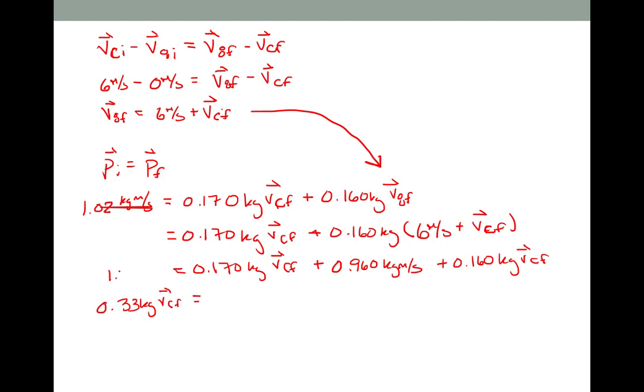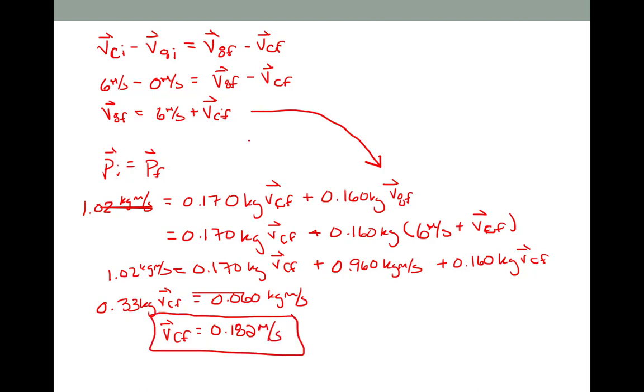And that has to equal, if I bring this down from above, the 1.02 kilogram meters per second minus 0.96 kilogram meters per second, so that equals 0.06 kilogram meters per second. So the final velocity of the cue ball is 0.182 meters per second.